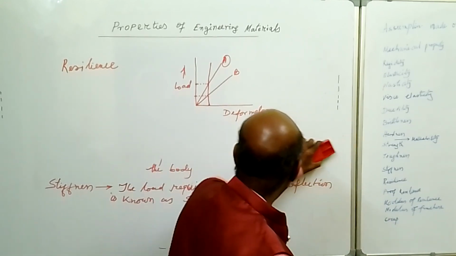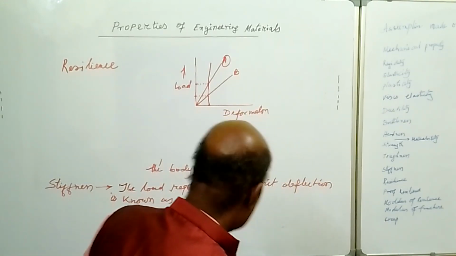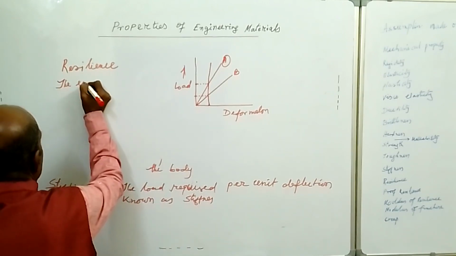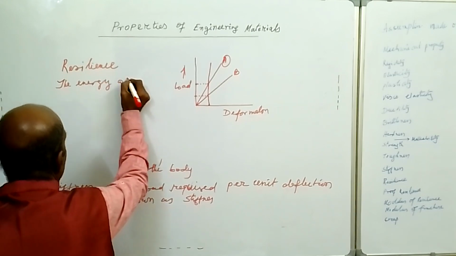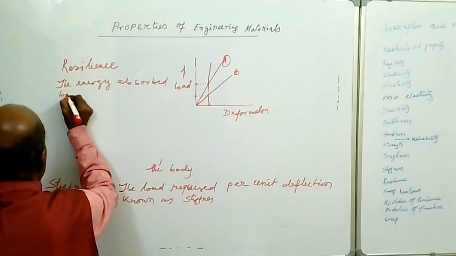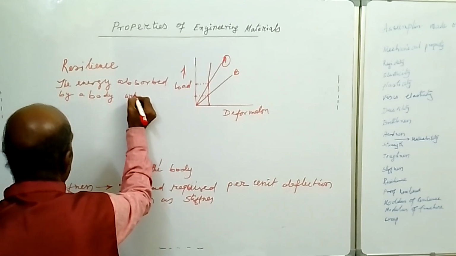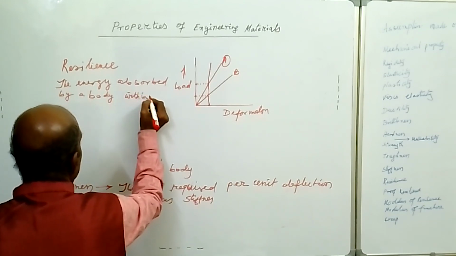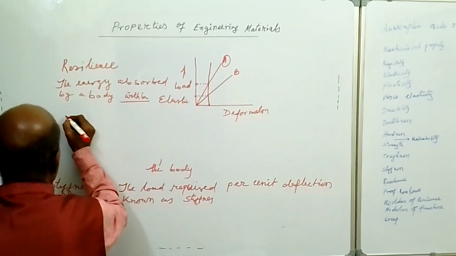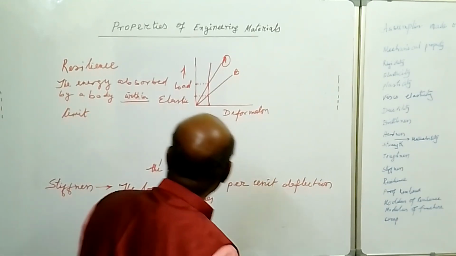The energy absorbed by a body within elastic limit is called the resilience of a body.